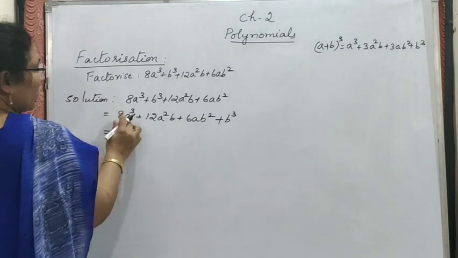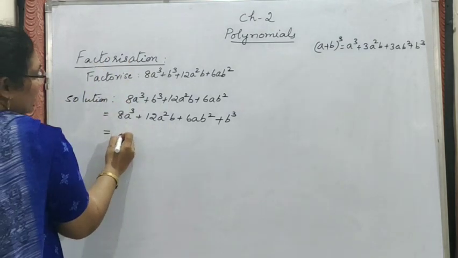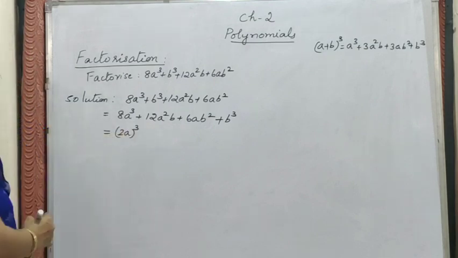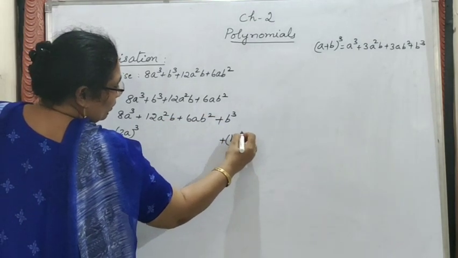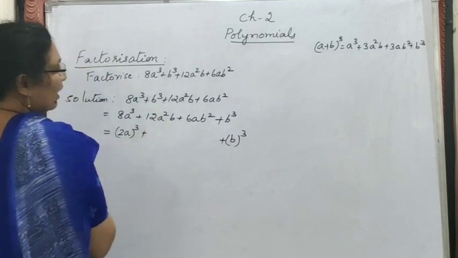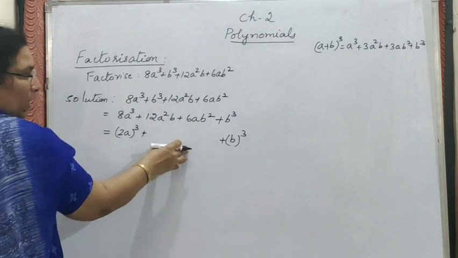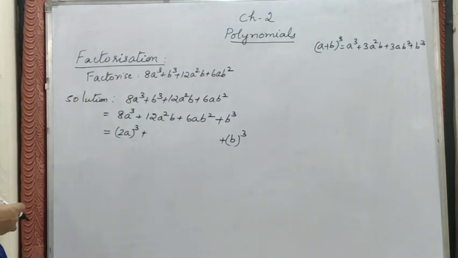Now we should express in terms of the formula, that is 8a³ I can write as (2a)³, right? Now the last term we are writing as b³. Now we identified the first and the last term. According to that we should use the terms here and take the product and cross check whether our factorization is correct or not.